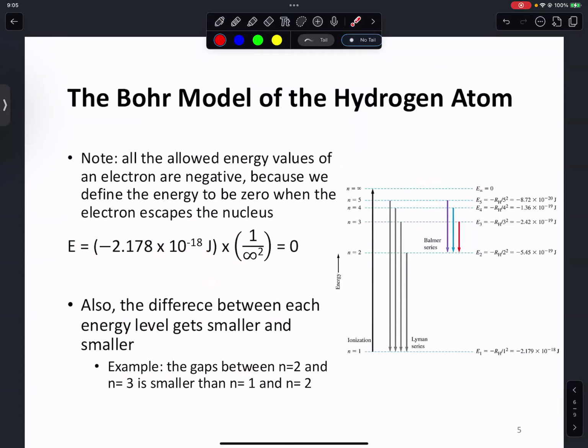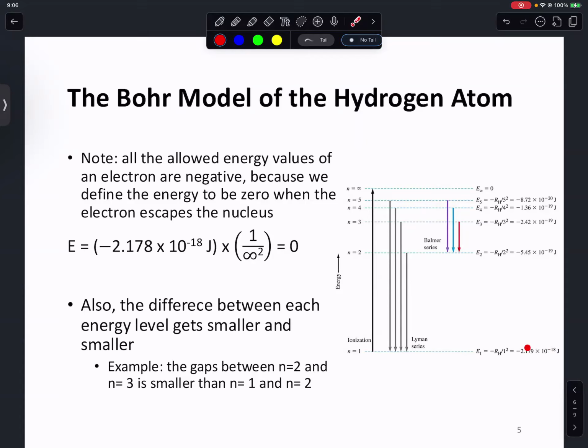Now, this is again something very important that we should take note of: as the electron is in an orbit close to the nucleus, we assign a negative value for the energy of the electron in that orbit, because it is stable, or it's in the lowest form of its energy value.